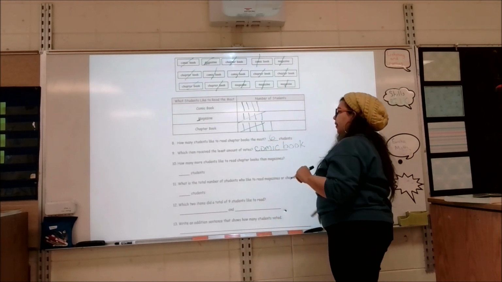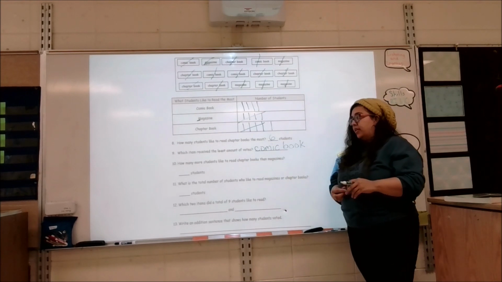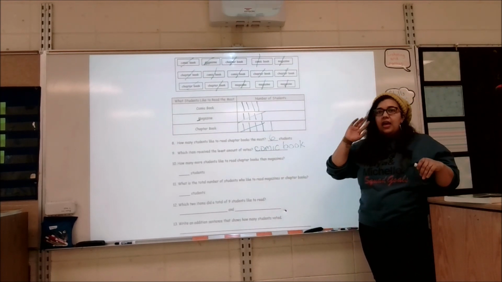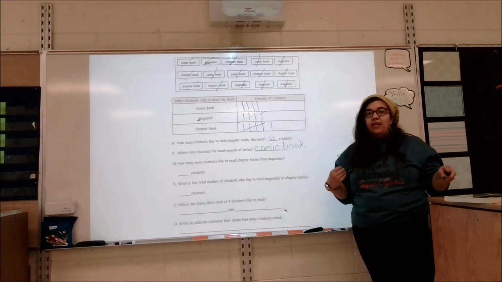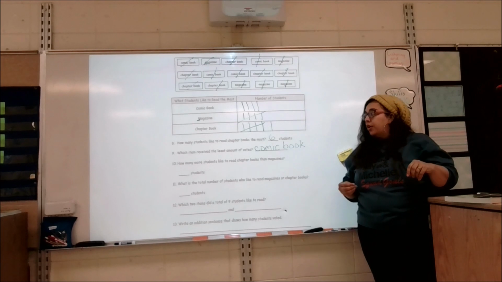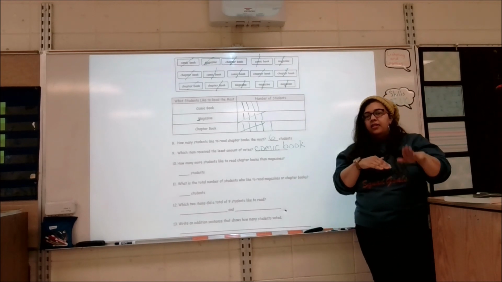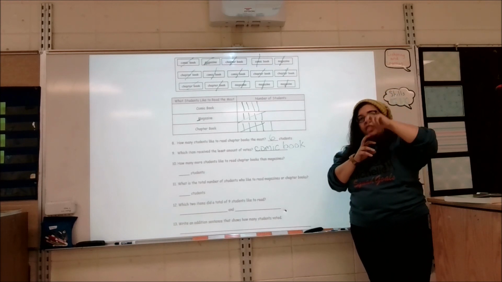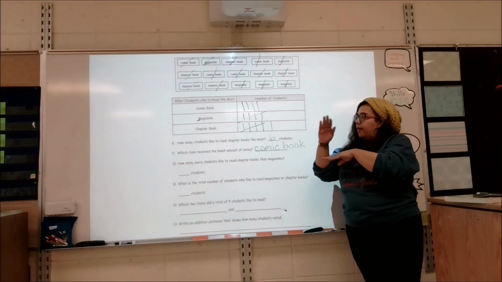Okay. How many more students like to read chapter books than magazines? How many more students? This is that same situation, just like we're looking at the differences in the height. We want to know if I stacked the chapter books on top of each other, how much higher, longer is that group than the magazine group?